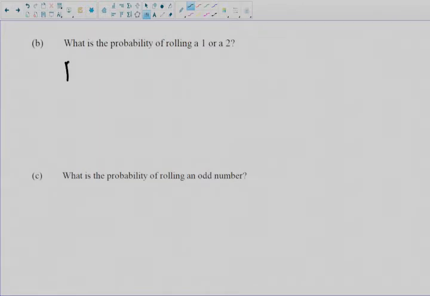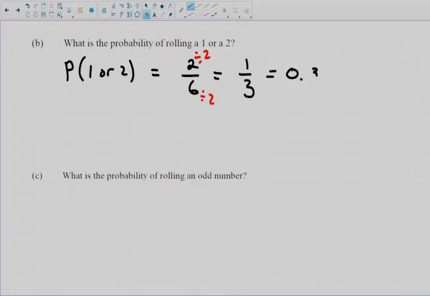So the probability of rolling a 1 or a 2 is 2 out of 6 chances. 2 out of 6 is 1/3 if we reduce this fraction by dividing both the top and the bottom by 2. That gives us 1/3. 1/3 is 0.33 repeating.